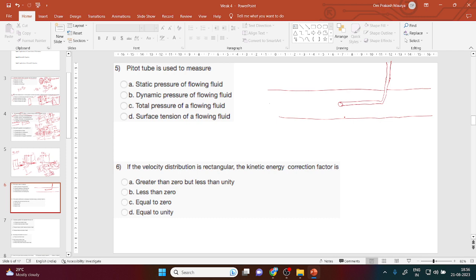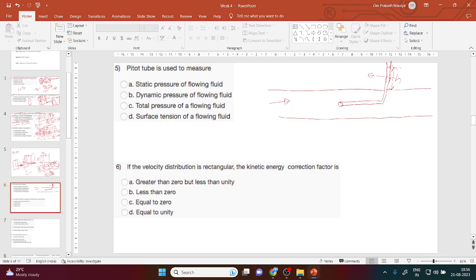Water is flowing in that direction. As water flows in that direction, your height will increase. Let's say at that point the water height in this pipe is increasing. Let's say H.